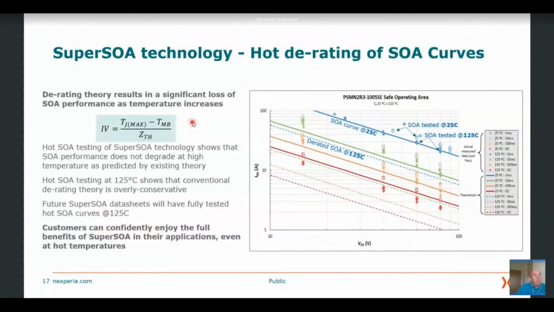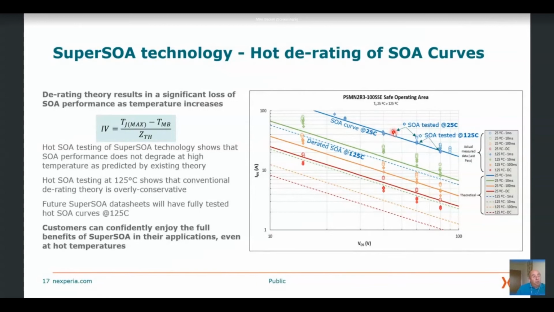One of the other things that we're doing with our SuperSOA technology is we've now started to test the SOA at both hot and cold. Typically an SOA curve is given at 25 degrees.